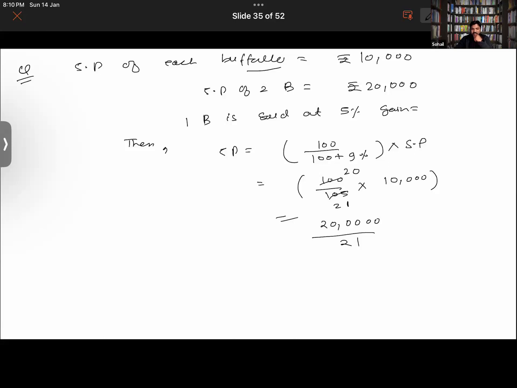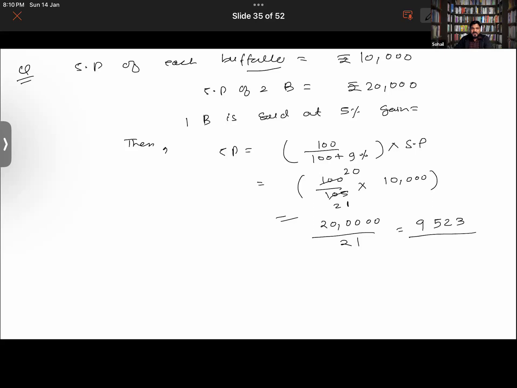Two lakh divided by 21. When you do it, somewhere around 9,523 you should get. This was the cost price.